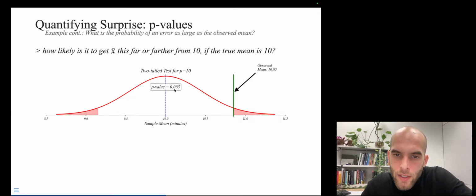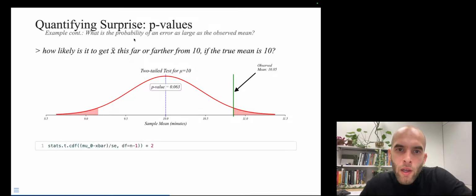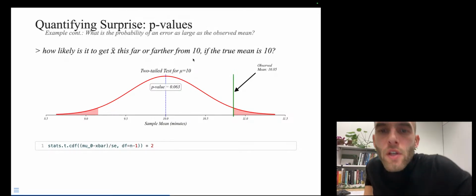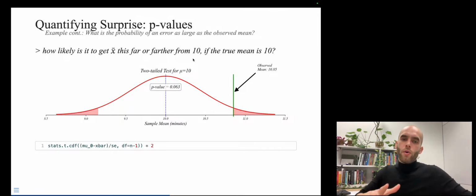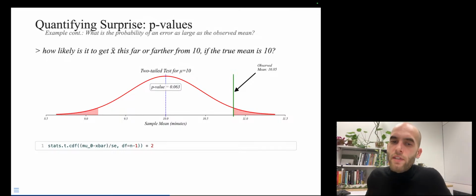I made a mistake here. We'll fix this number in code in a second, but this is a little too small. So what's the probability we get a value as large as our observed mean if the null hypothesis is true? We're going to go to code and find this number.